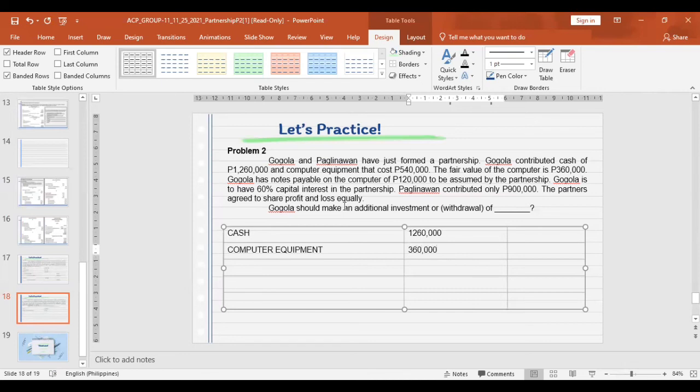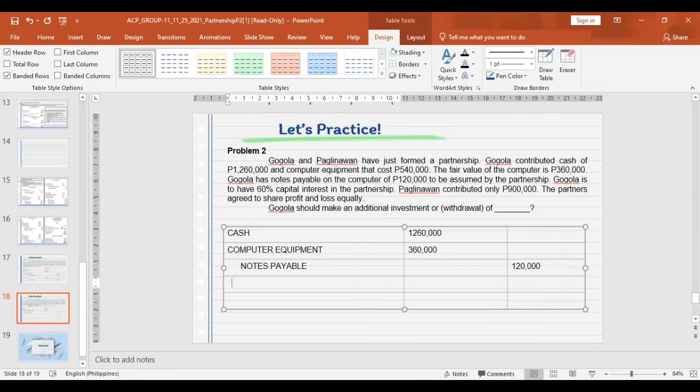Gugula has a notes payable of 120, so i-record din natin yung notes payable na 120,000.